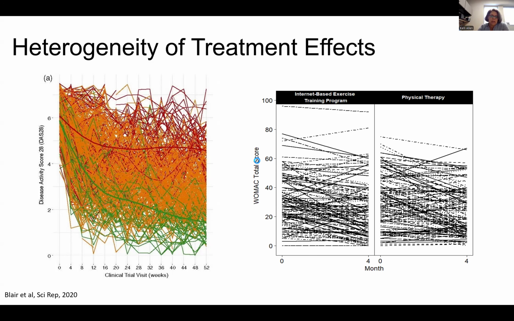And you can see each line there represents an individual patient trajectory from baseline to 4 months. And you can see there's just a lot of heterogeneity in individuals. If we look at the mean score in the trial, the primary outcome was that basically people got better in both treatments, not that everybody got better. But you can see that certainly not every patient got better over time with either of those 2 interventions.